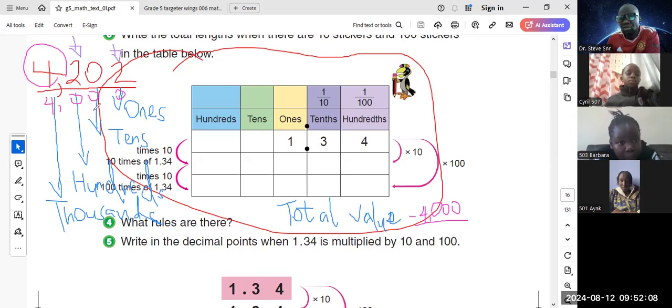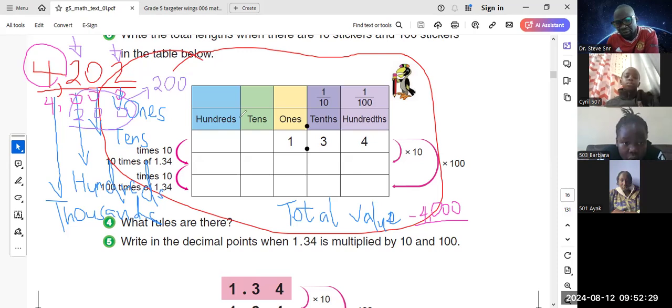For you to get the total value of this 2 that is in the place of hundreds, you simply write 2, then the other digits, you turn them to zeros. And you'll have the total value of 2 in this case being 200. So there is a difference between place value and total value.